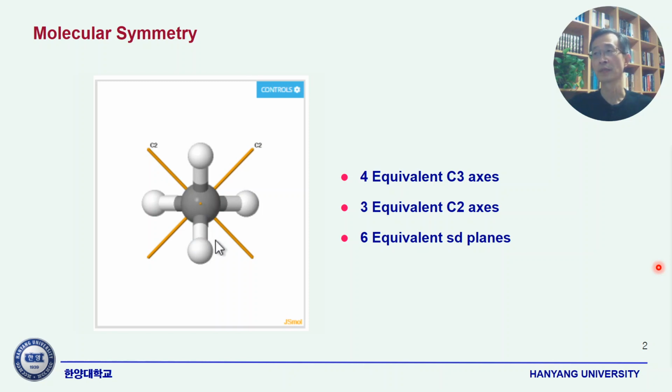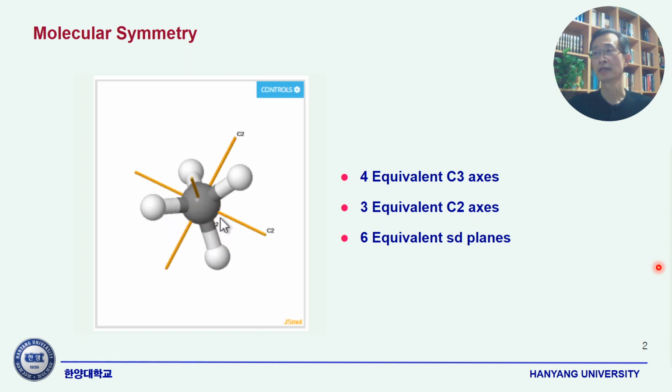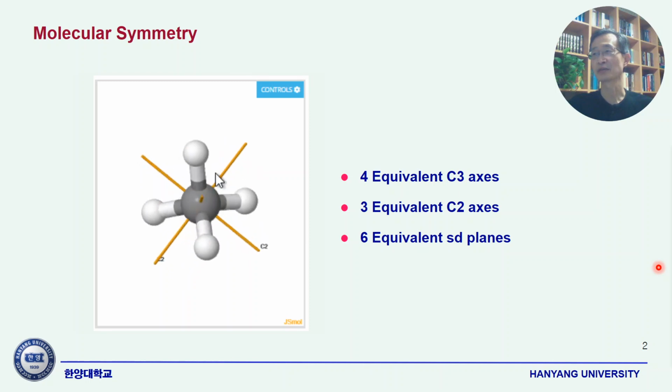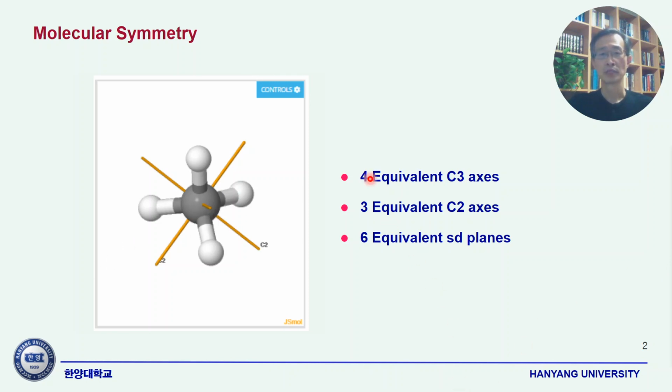One is this one, and the other one is this one, and there is another one like this one. So each bisecting HCH angle has a C2 axis. So there are 3 equivalent C2 axes. Now, up to now, we have gone through 4 equivalent C3 axes and 3 equivalent C2 axes.